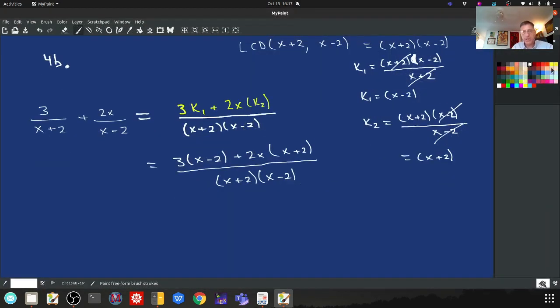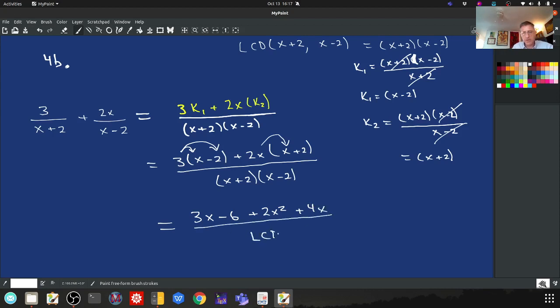So the only thing we have to do is expand and simplify the numerator. So that's 3 times x, and 3 times minus 2 is minus 6. 2 times x is 2x squared. 2x times 2 is 4x, all over my LCD.